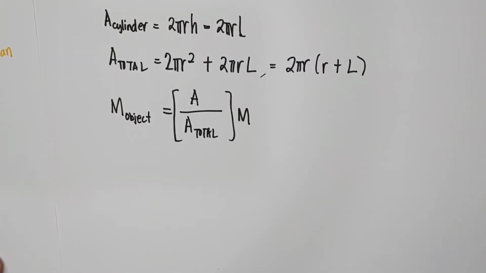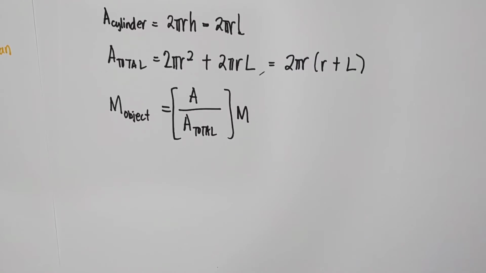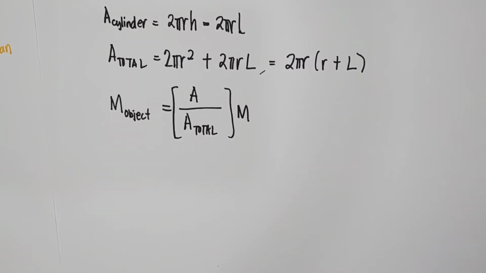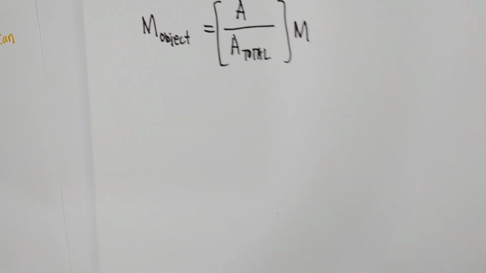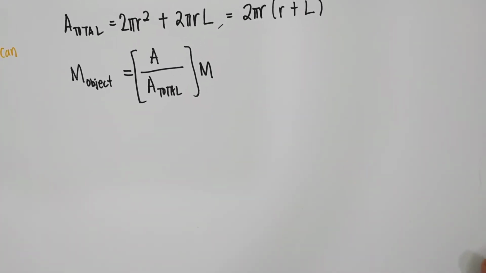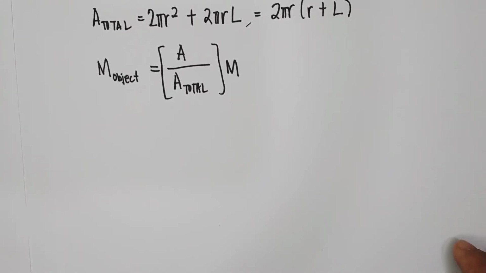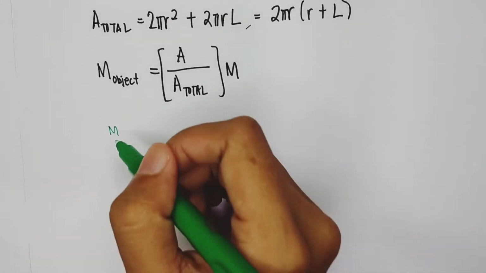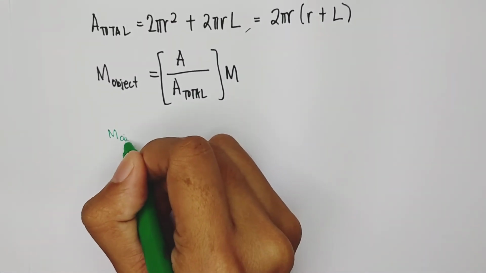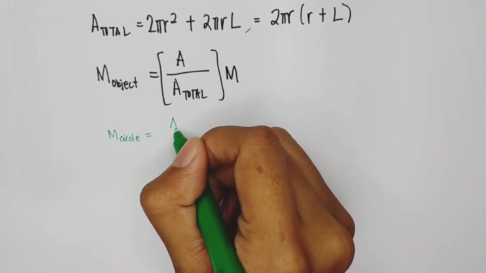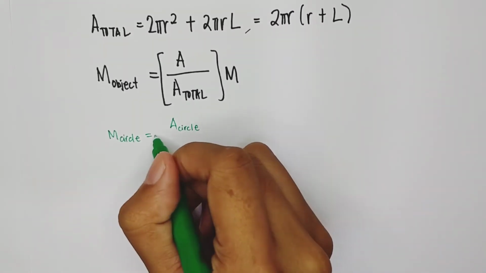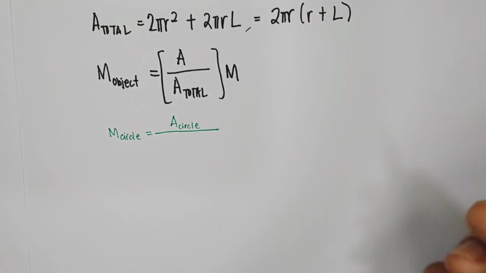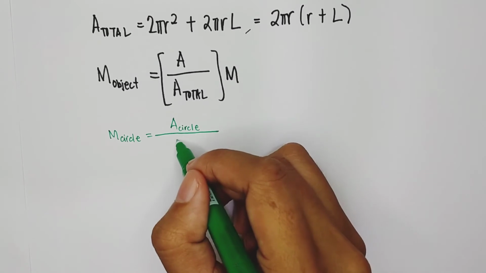Let's now solve for the mass of our circle: the area of the circle divided by the total area.